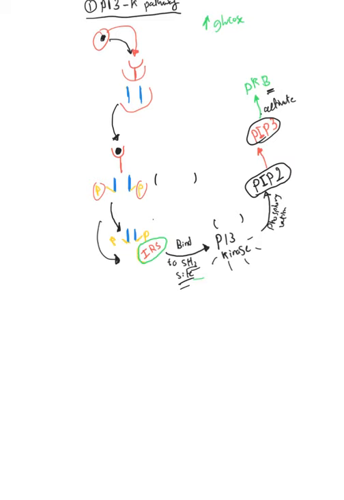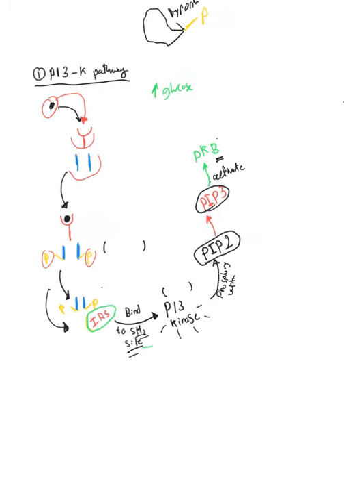And what does protein kinase B do? It will go inside the nucleus and cause the expression of the transporter GLUT4 to be increased. So there will be an increase in this particular gene expression, where it will go outside to the membrane and enable glucose to get inside of the cell.